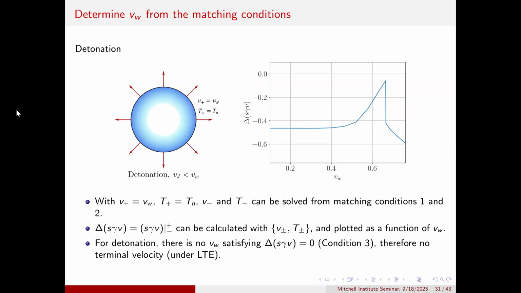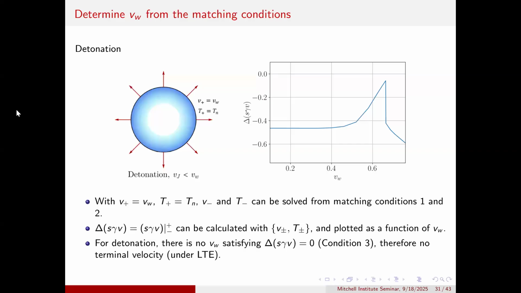In the wall frame, it would be running into the bubble wall, so V plus would be equal to VW, where VW is the wall velocity. And T plus, the temperature outside the bubble, because it's unperturbed, would be just equal to the plasma temperature at the nucleation point, which is Tn. Now we have these two known quantities, and we can use two of the matching conditions to solve for the other two, V minus and T minus, which are the quantities inside the bubble.